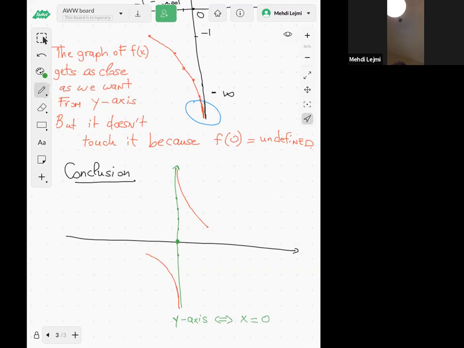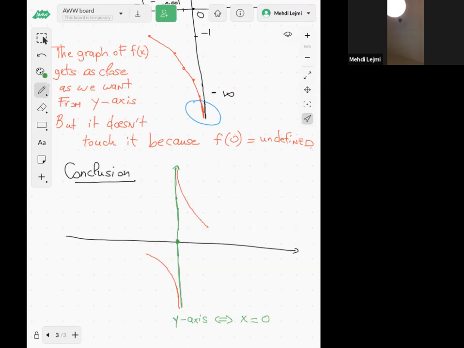Anyway, such a line, like this y-axis here, has a name. It's called a vertical asymptote, right? It's a vertical line. Obviously, this y-axis is a vertical line.